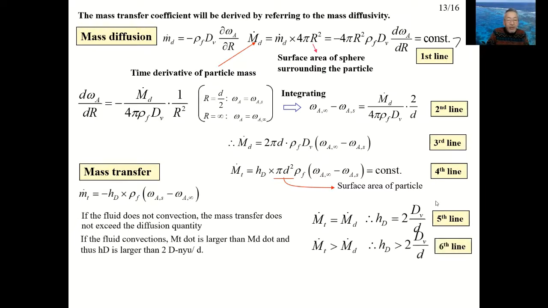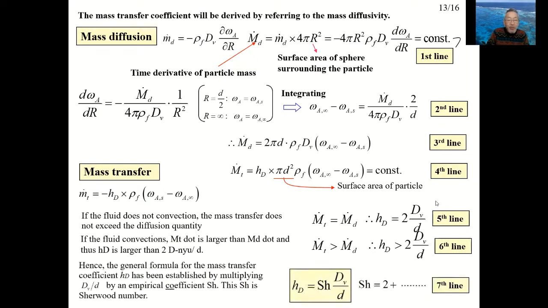If the fluid convects, m dot is larger than m_d dot, and thus h_D is larger than 2 D_AB over d. So the general formula for the mass transfer coefficient h_D has been established by multiplying D_AB over d by the empirical coefficient Sh.